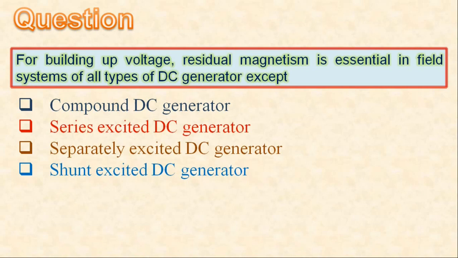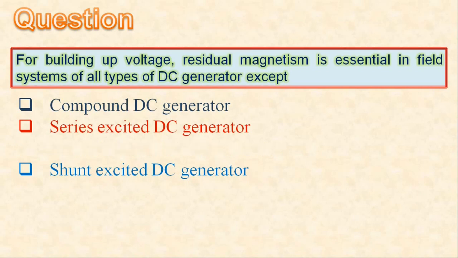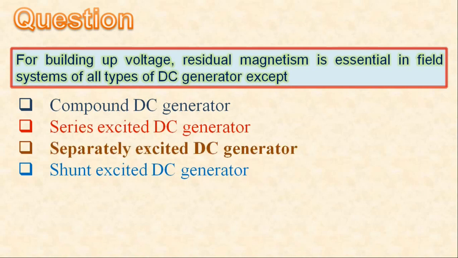In case of separately excited DC generator, the field system is essentially required to be excited by an external DC source. On the other hand, the self-excited DC generators do require the residual magnetism in their field systems for building up voltage. Hence, the third option is the correct answer.